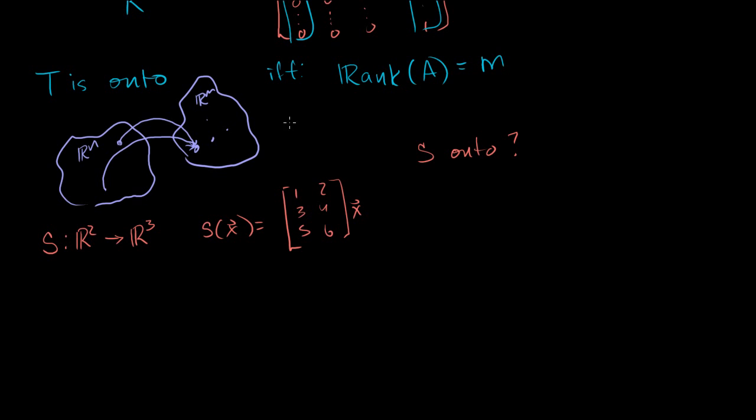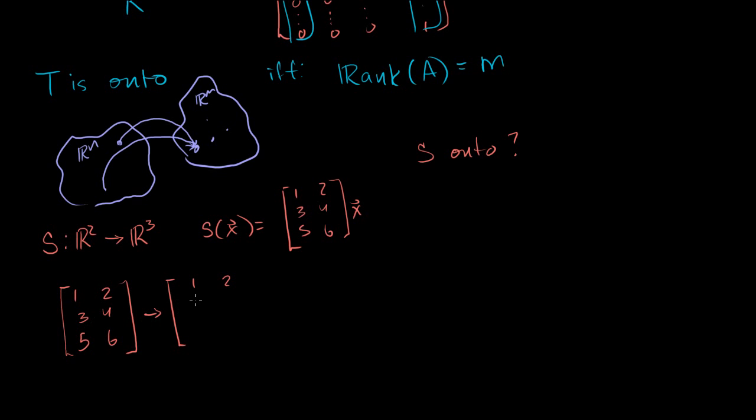Well, based on what we just did, we just have to go and put this guy in reduced row echelon form. So let's do that. So if you put this guy into reduced row echelon form, so let's see, 1, 2, 3, 4, 5, 6. Now let's keep the first row the same. It's 1, 2. Let's replace the second row with 3 times the first row minus the second row.